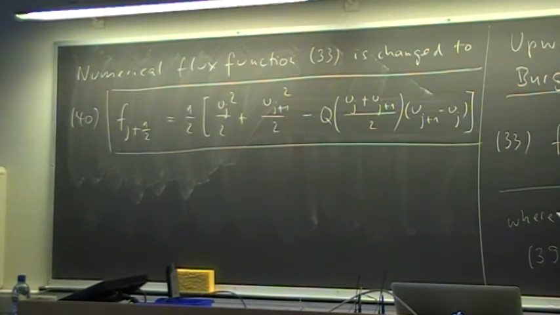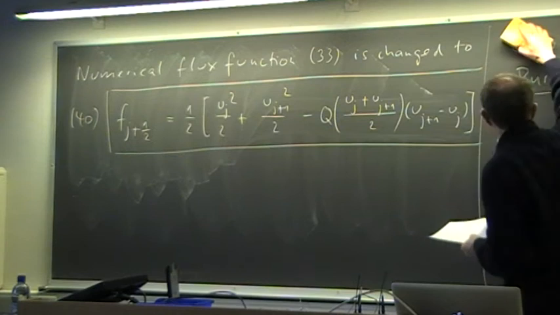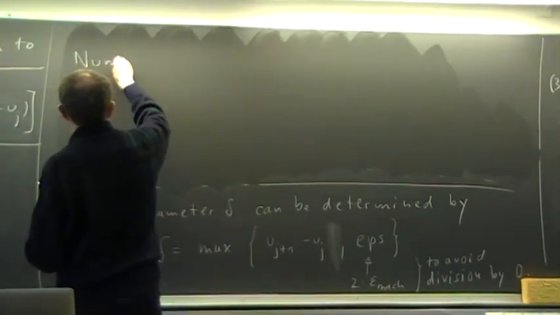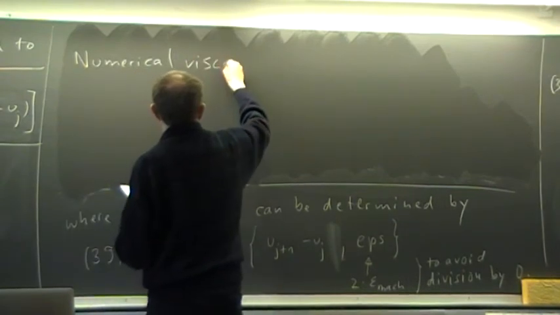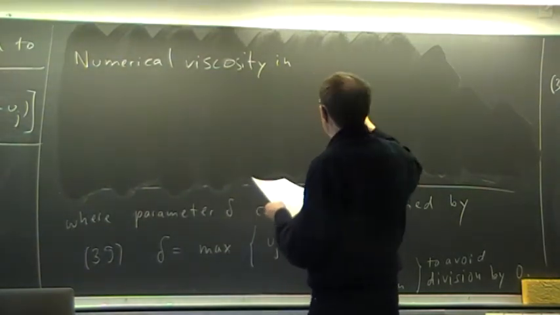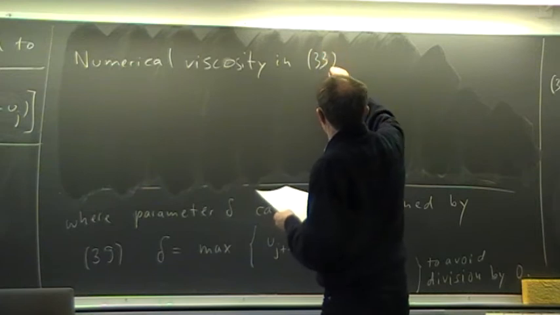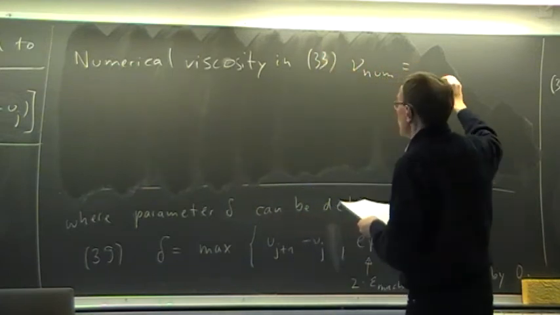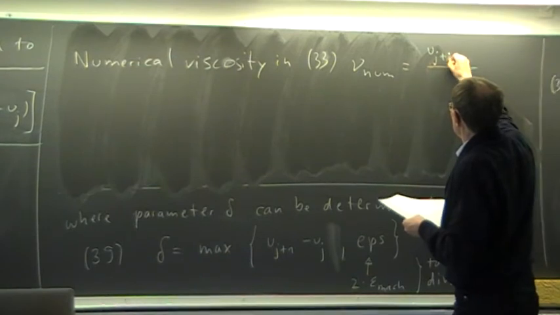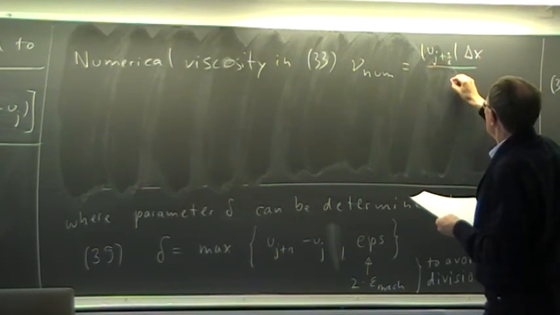And again, we can now identify the numerical viscosity in the numerical flux function. In 33 we had identified the new numerical, that was the average, which is called the uj plus 1/2 delta x half.